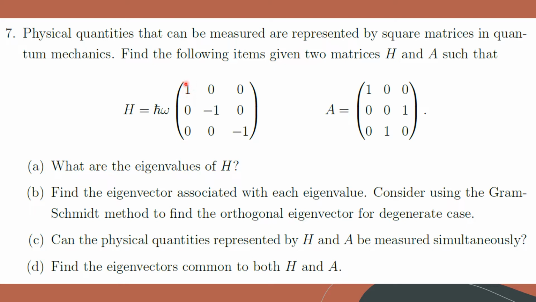You will find the eigenvector for lambda equals 1, and then apply the same method to find the eigenvector for lambda equals -1. In that case, you have two eigenvectors, and then you will use the Gram-Schmidt method to find the third eigenvector associated with lambda equals -1. In that way, you will have three orthogonal eigenvectors, right? So let's look at this over the whiteboard.